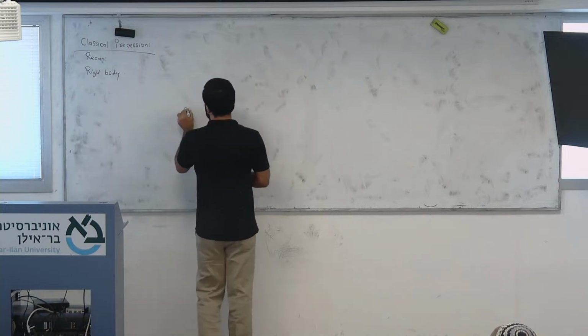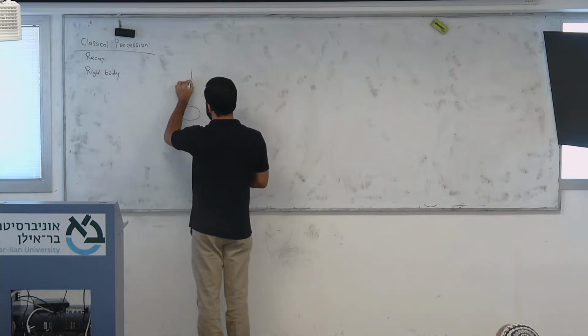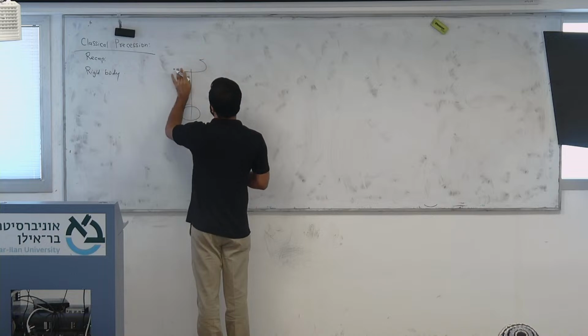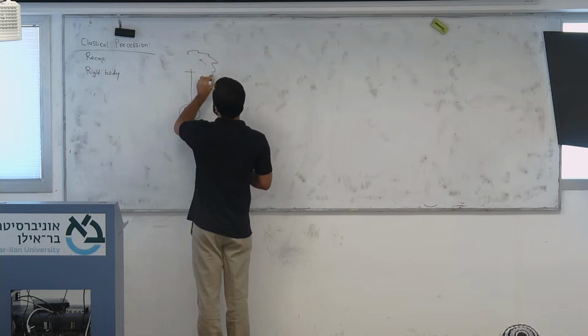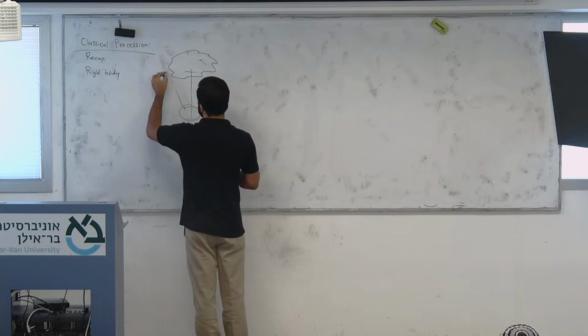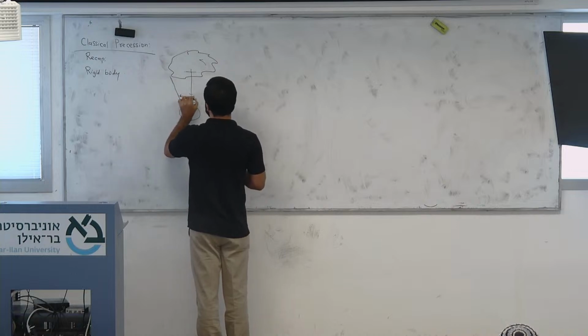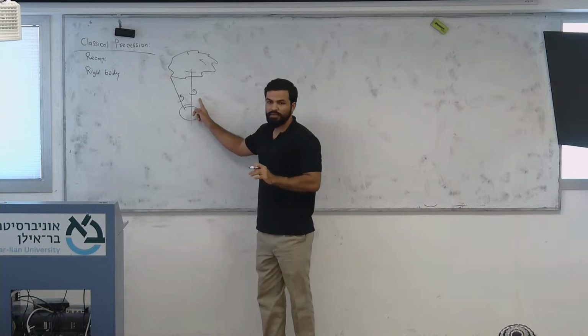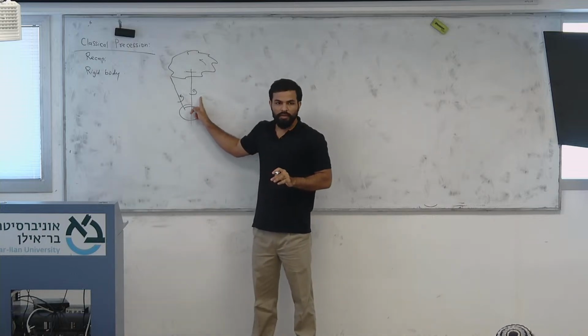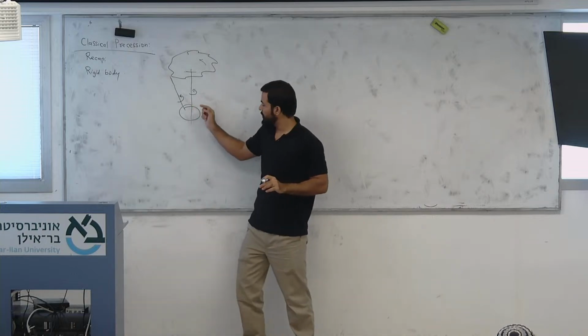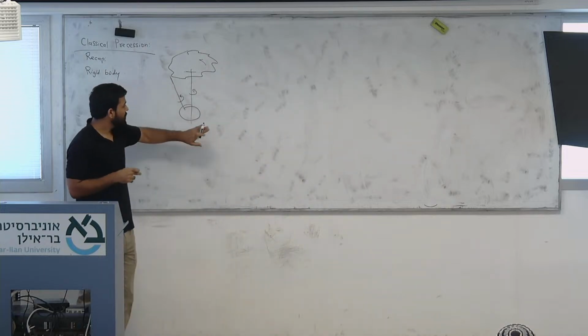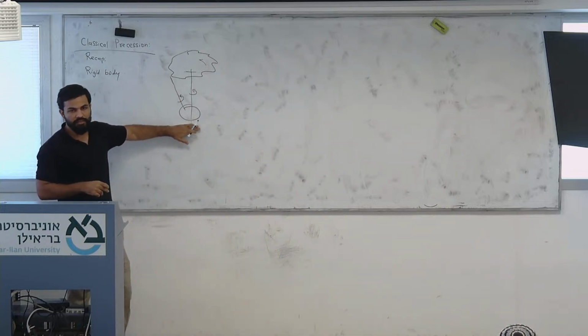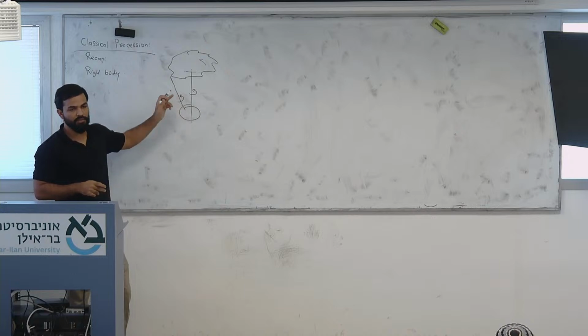If you remember, I had this diagram, let's say Earth. This is the axis of rotation. Due to external torque, or even without the presence of external torque, the axis of rotation also rotates. That's what we call precession of the rigid body.